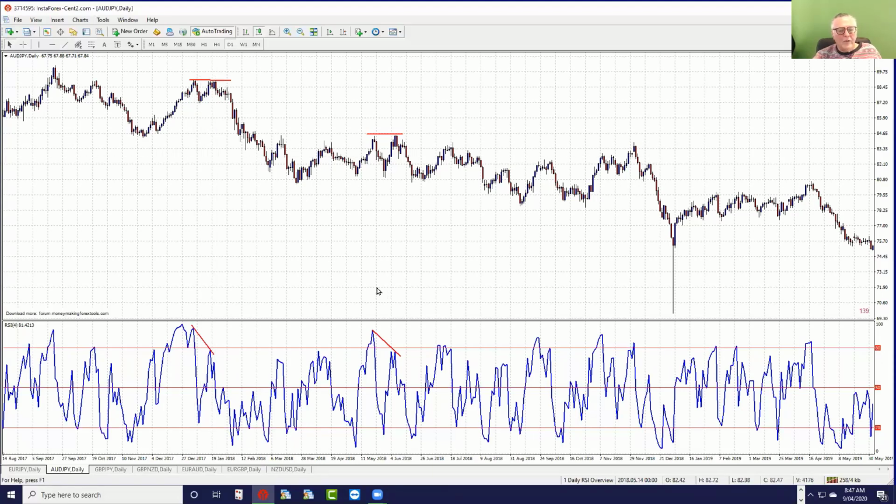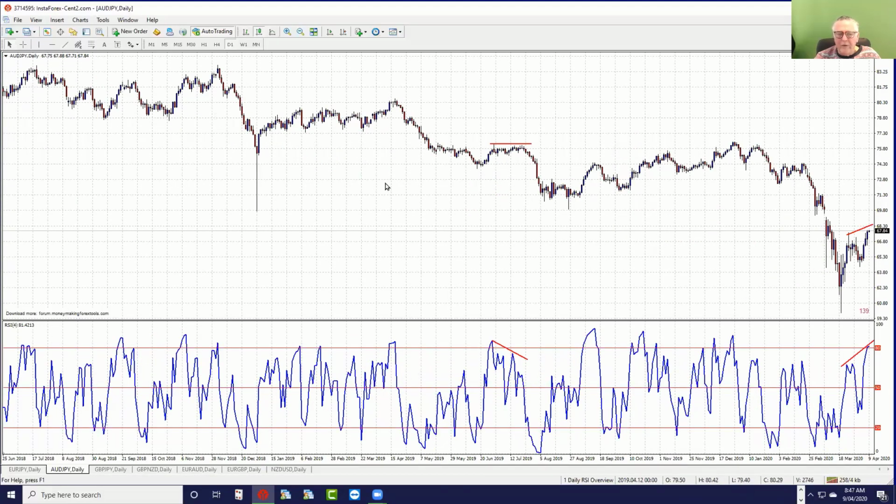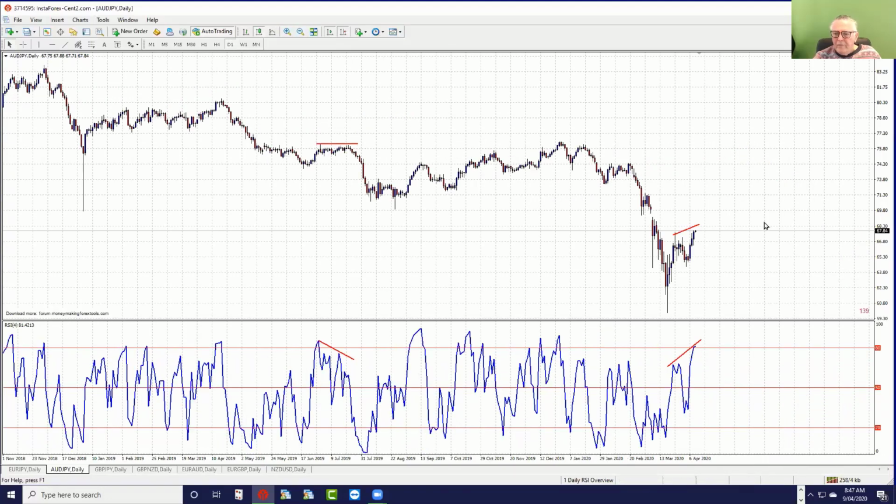So the RSI naturally forms a divergence. Now, what have we got going on right now? We have a non-divergence, which is actually a signal to trade. It's a trend continuation signal. This particular one, we don't. What you're seeing there is right. That's what it's telling you.